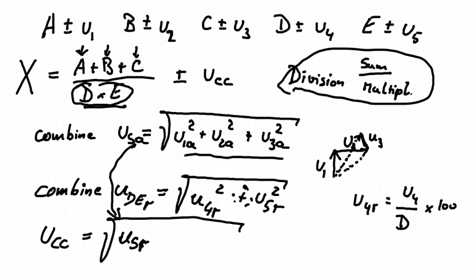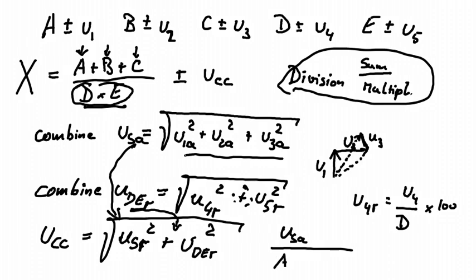We need to calculate the relative of the sum, square it, plus, well, here we've got this one here, and here we've got the relative already, UDE, relative and squared. So how do we get the USR? We would take our USA, that's the absolute one, and we divide it by the sum of A plus B plus C and multiply it by 100. So that would be our USR.